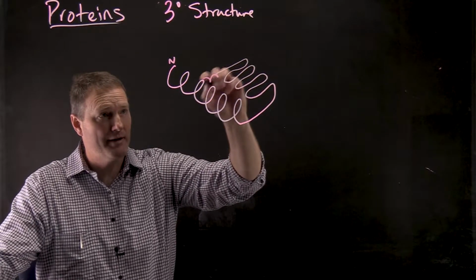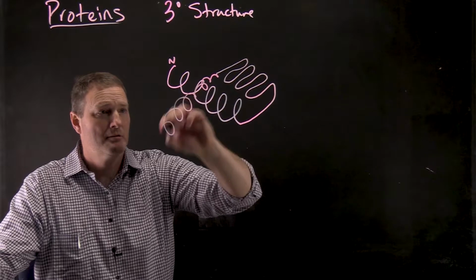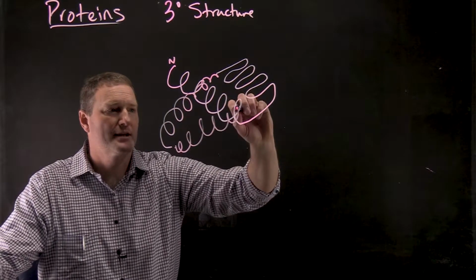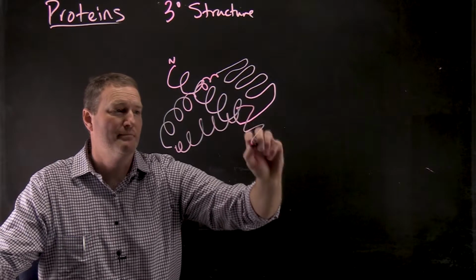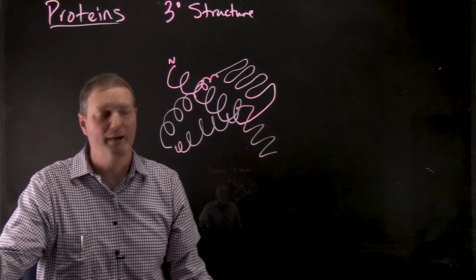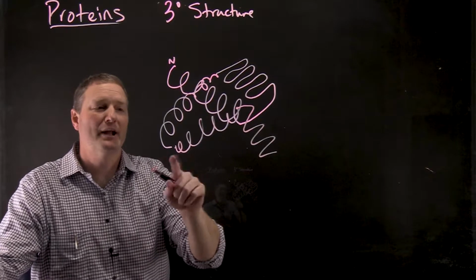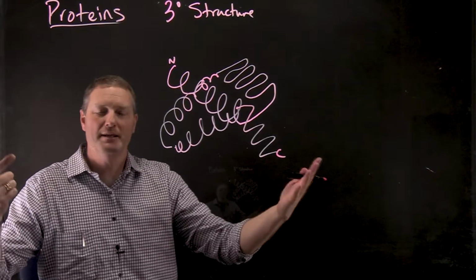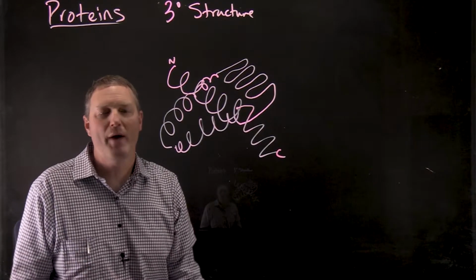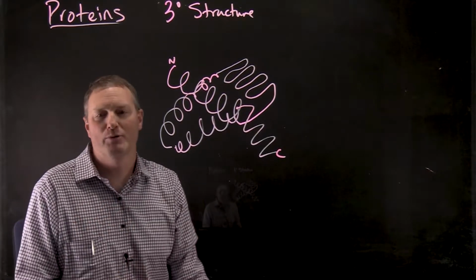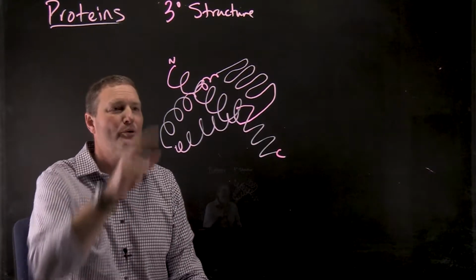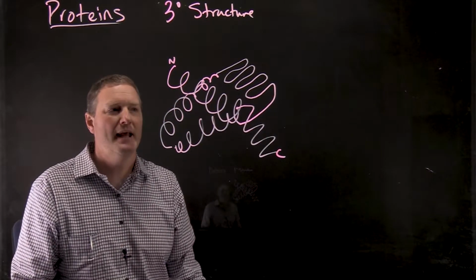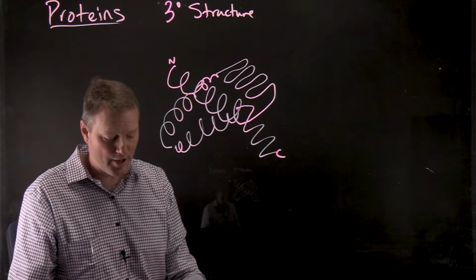Then I might have another alpha helix, maybe another turn, another alpha helix, and then another beta sheet. This is very crude looking, and all I'm showing here is the backbone, and this would be the C-terminus. But this might be a protein that has 300 amino acids. Again, when you put it into water, these will spontaneously fold to form these local regions, and then ultimately those tend to collapse and form a fully folded structure.